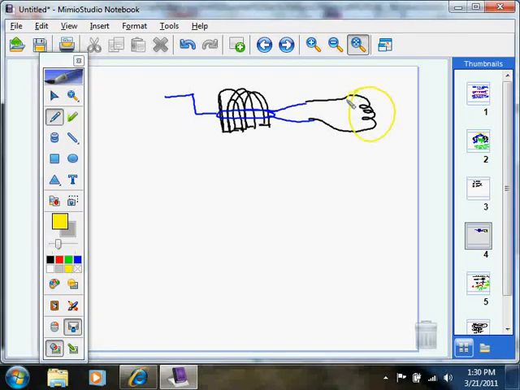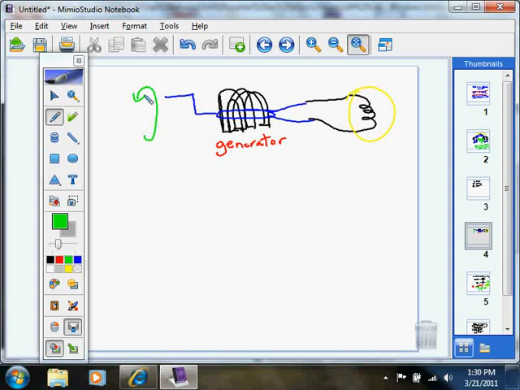And this whole device right here is called a generator. And by cranking the handle, you could generate electricity. So that's another example of an EMF.